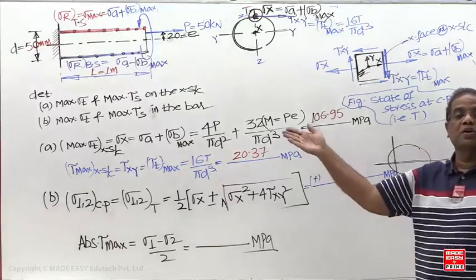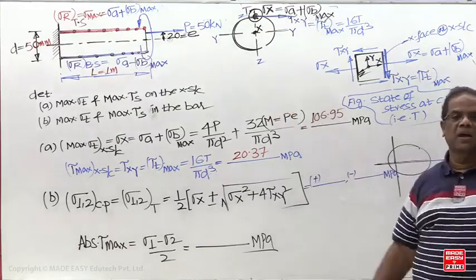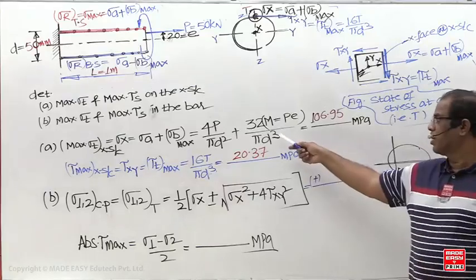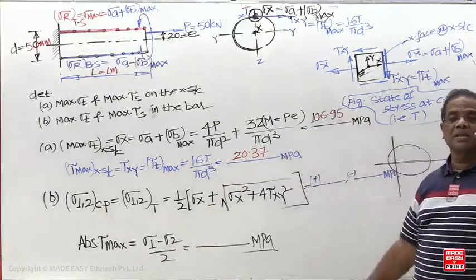Sometimes they may ask to find the principal stress at the bottom. If you ask the principal stress at the bottom, what do I have to put? Sigma A minus sigma B max.